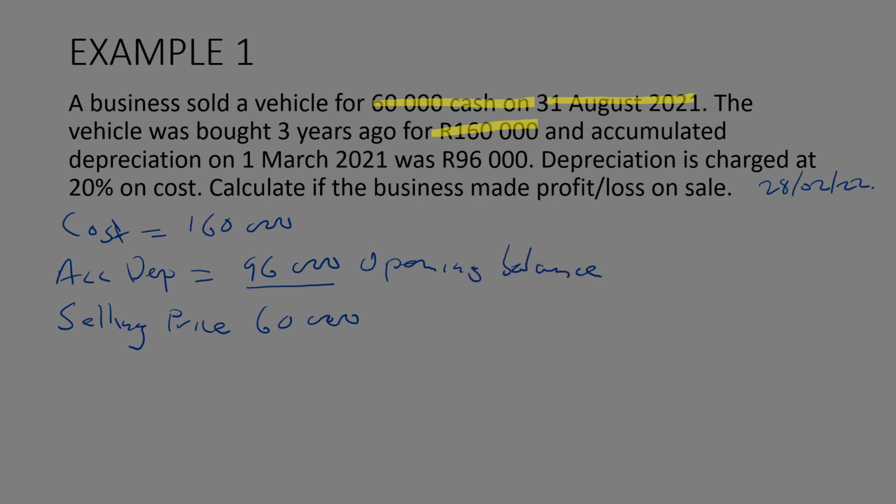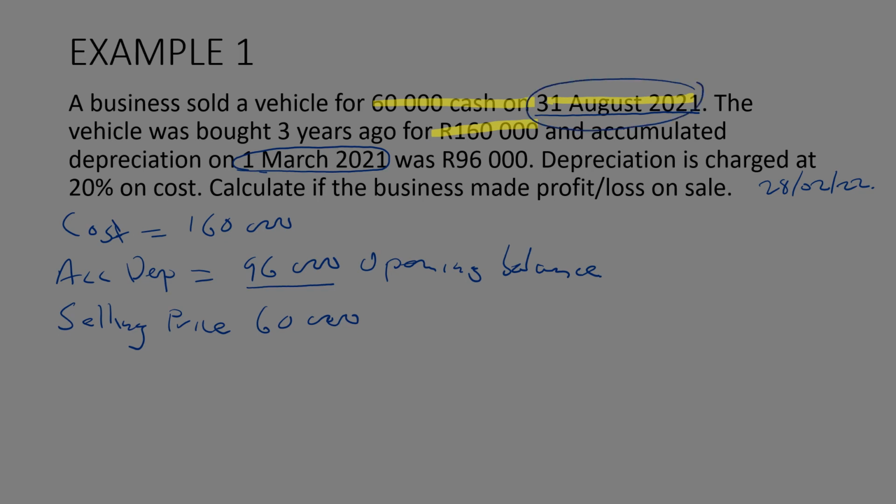Right, so if you are given the opening balance of accumulated depreciation, and the vehicle was sold during the current financial year, on 31 August, that means you need to calculate depreciation from 1 March to 31 August.